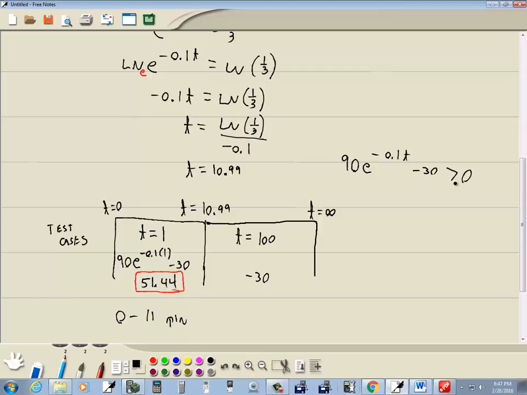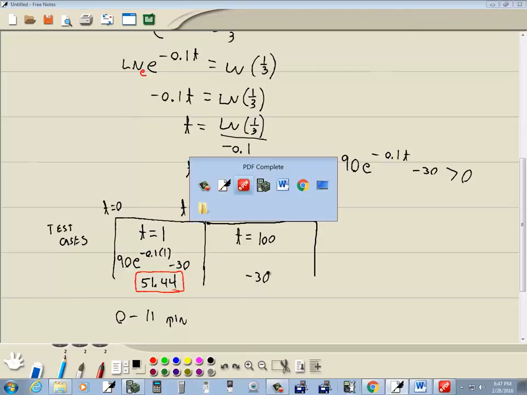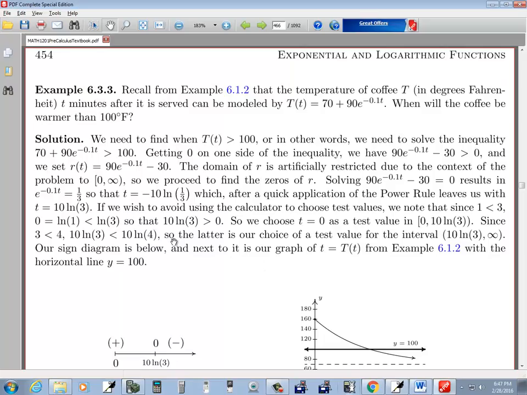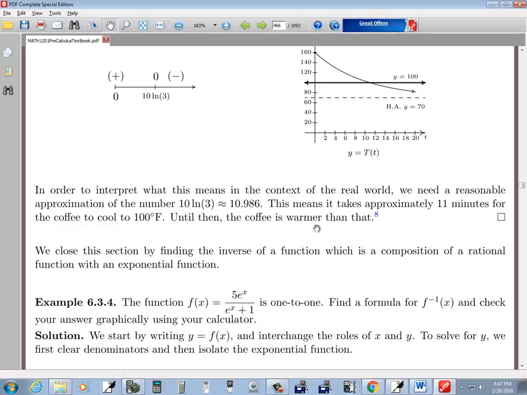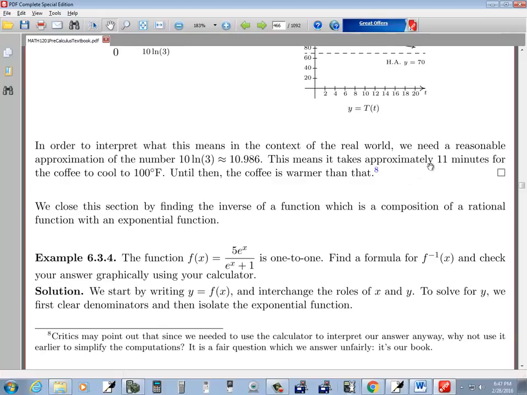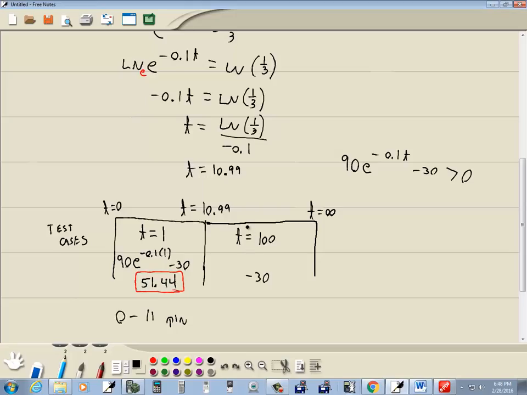Now, if this had been less than 0, then we would have chosen over here. I know negative 30 doesn't make any sense, it's not going to become negative 30, but for the purposes of the test case, it really does not matter. I think they rounded this, so it takes approximately 11 minutes for the coffee to cool to 100 degrees. Until then, the coffee is warmer than that. But that would be that example.